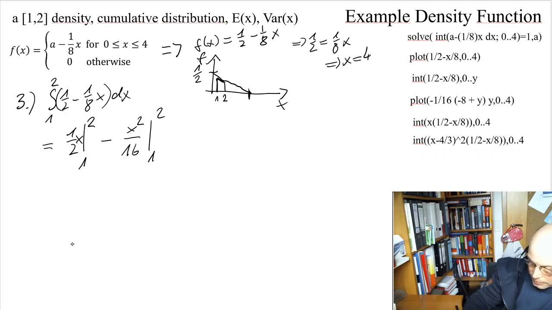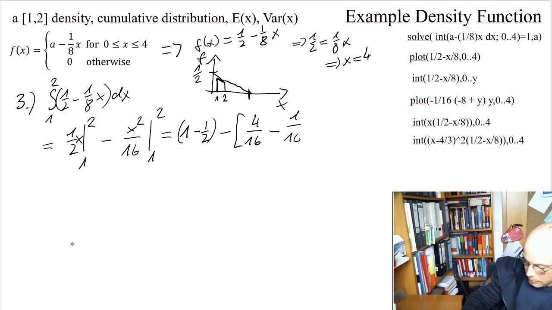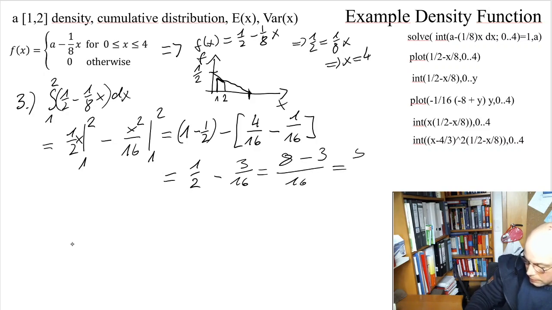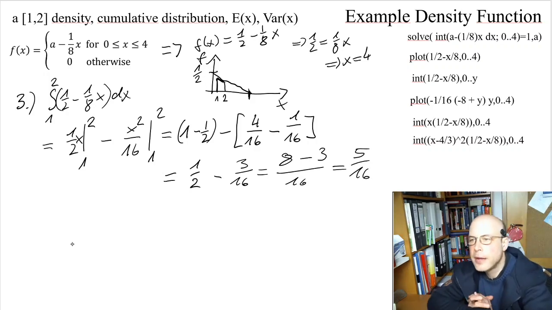This equals then 1 minus 1/2 minus large brackets 4/16 minus 1/16, is 1/2 minus 3/16, and then we have 8/16 minus 3/16 is 5/16. I hope that I'm right.